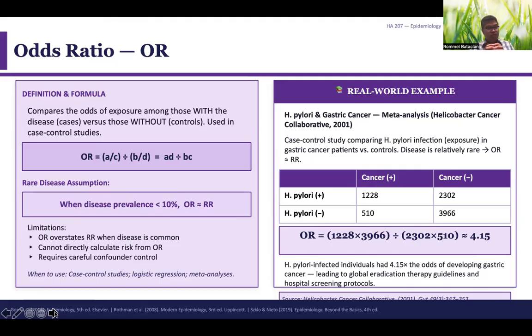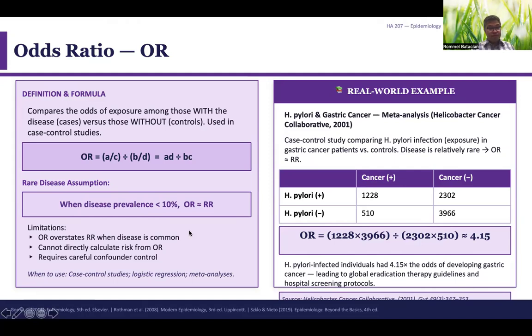So you cannot compute a risk ratio, but you can compute the ratio of the odds of exposure among cases relative to the odds of exposure among those without the disease or the controls. So ito yung formula na yon, if we would use the 2 by 2 contingency table.